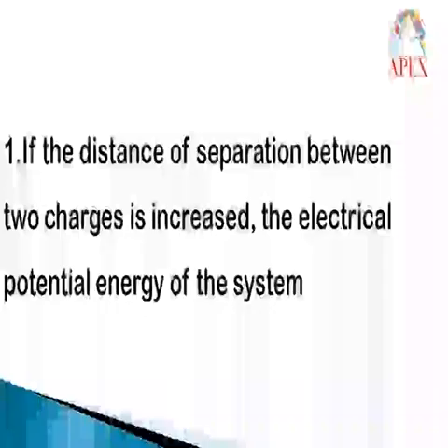First question. If the distance of separation between two charges is increased, the electrical potential energy of the system. So they are asking here that when the distance between the two charges is increased, what is the general formula for potential energy?